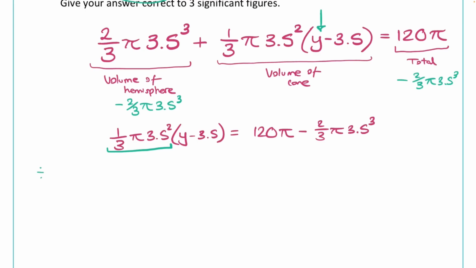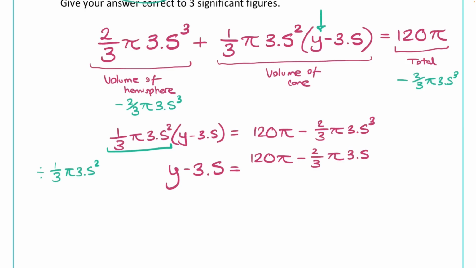So I'm going to divide by 1/3 pi 3.5 squared, and that will just leave me with y minus 3.5 on the left is equal to, so we have 120 pi, is a lot to keep writing out here, 2/3 pi 3.5 cubed all over 1/3 pi 3.5 squared.